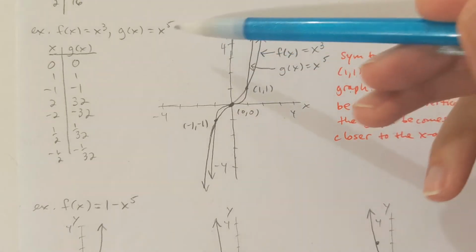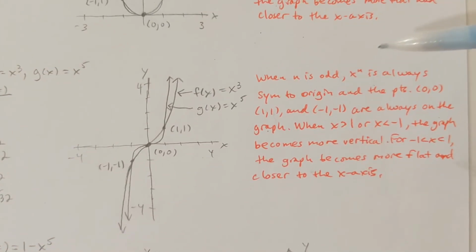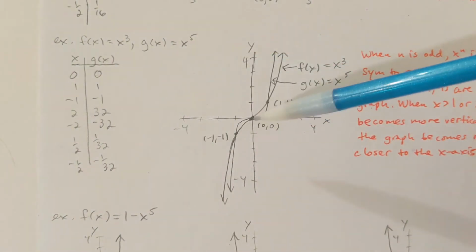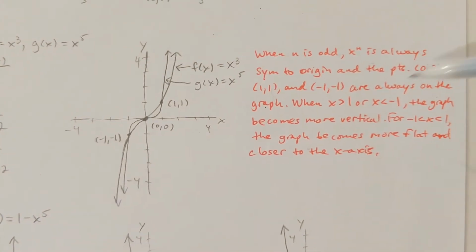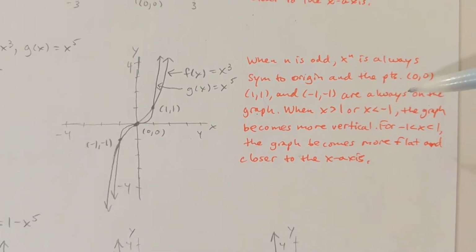Okay. When n is odd, x to the n is always symmetric to the origin, and the points 0, 0, 1, 1, and negative 1, negative 1 are always on the graph. At least that's what I see here. Okay. When x is greater than 1 or less than negative 1, the graph becomes more vertical.